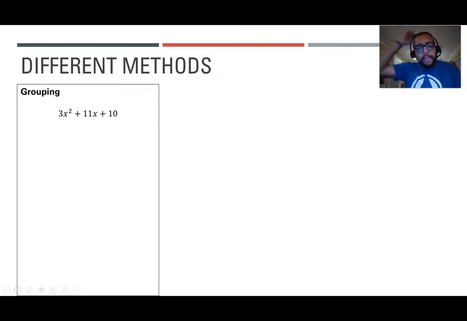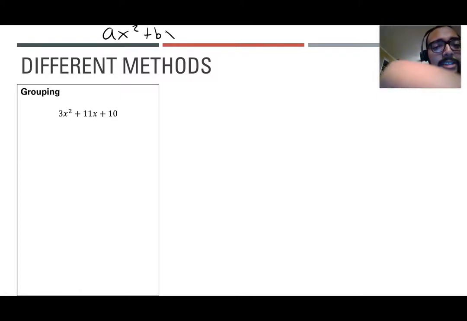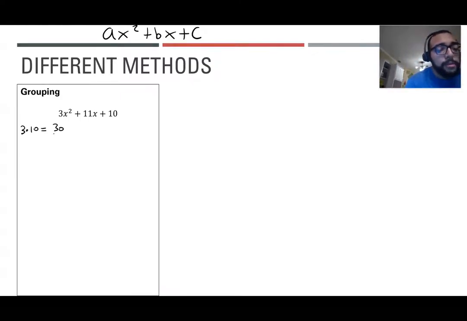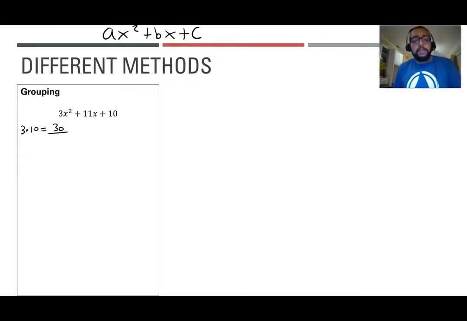You'll notice a common theme of what I must do first. If you forgot already, standard form is ax squared plus bx plus c. Okay, step 1, multiply your a term times your c term. So a times c, which would be 3 times 10, that'll be 30.